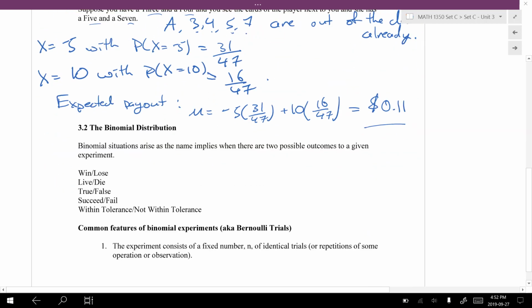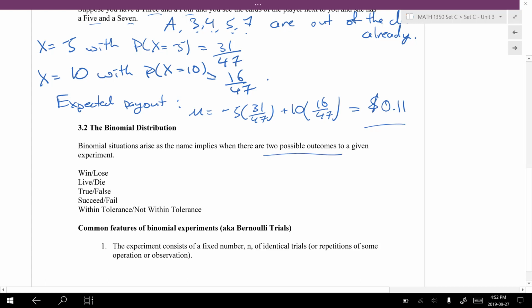So that's for general discrete distributions. There's some specific kinds of distributions we would like to talk about. The first one is the binomial distribution. So this one arises, as the name implies, when there's 2 outcomes, binomial.